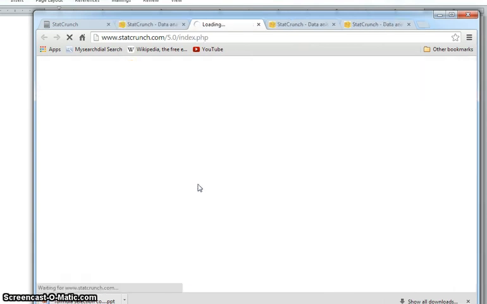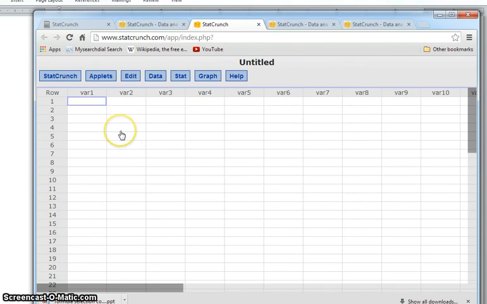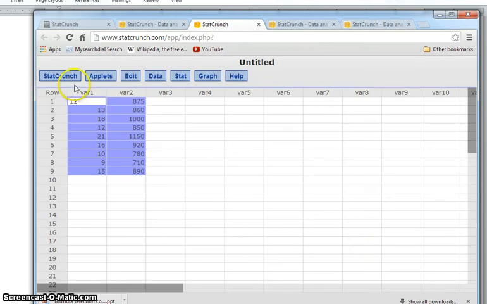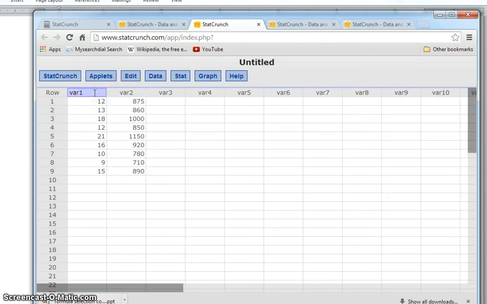Type or paste into a blank table. So we'll just Control V. We want our delimiter to be white space. That's the way I'll always have it. And just for the sake of clarity, because it'll help us later, we'll change our variable names to size and rent.